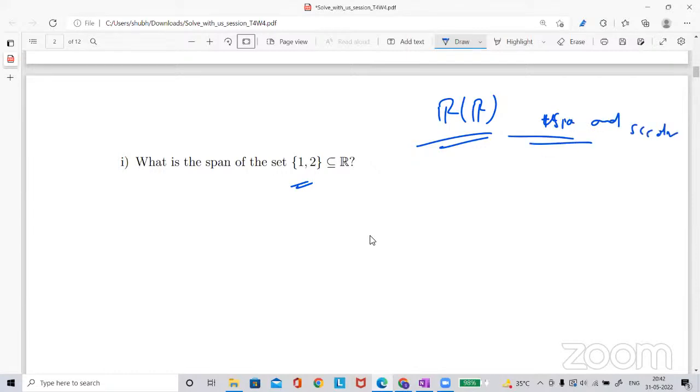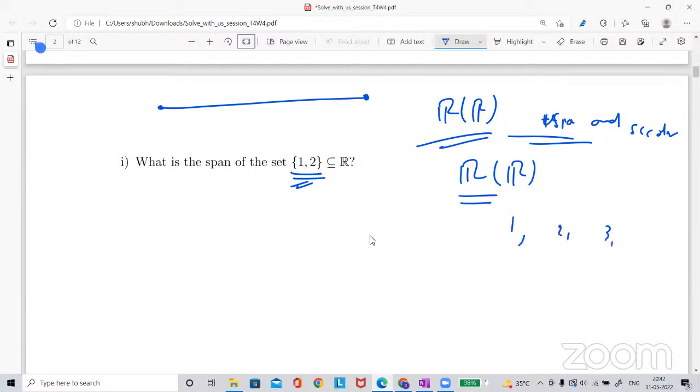The question is what is the span of these two vectors? R forms a vector space over R. So what will be the vectors in this vector space? Single real numbers. These are the vectors in this vector space.